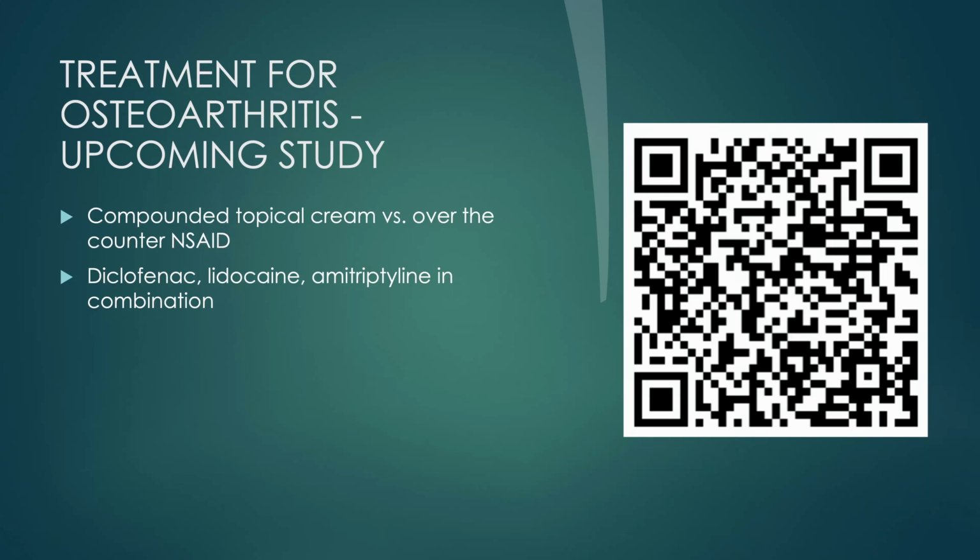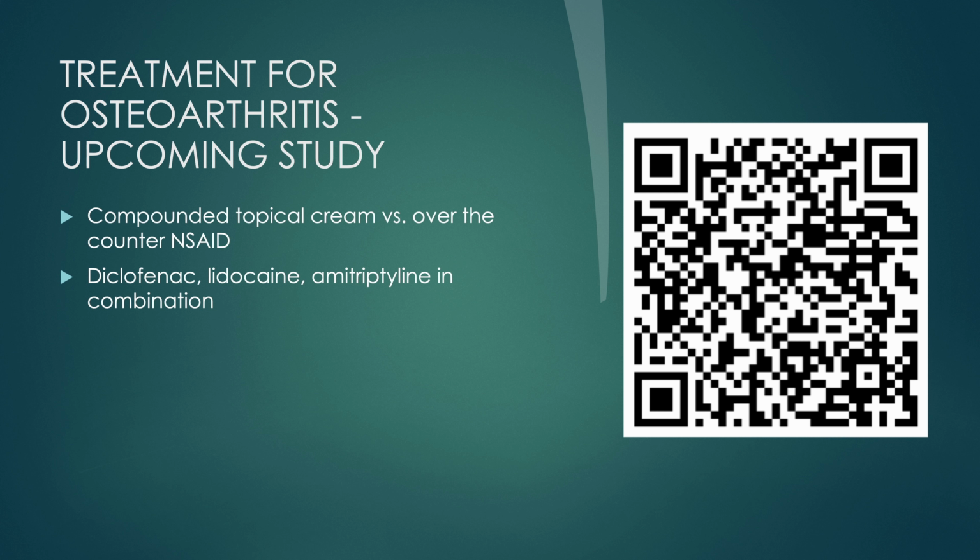Okay, so lastly, I mentioned this a little bit earlier. Myself and a group of researchers potentially have, depending on if it gets funded, an upcoming study about topical pain medications for treatment of osteoarthritis. In our specific compound, there's going to be diclofenac, that anti-inflammatory that's in Voltaren.